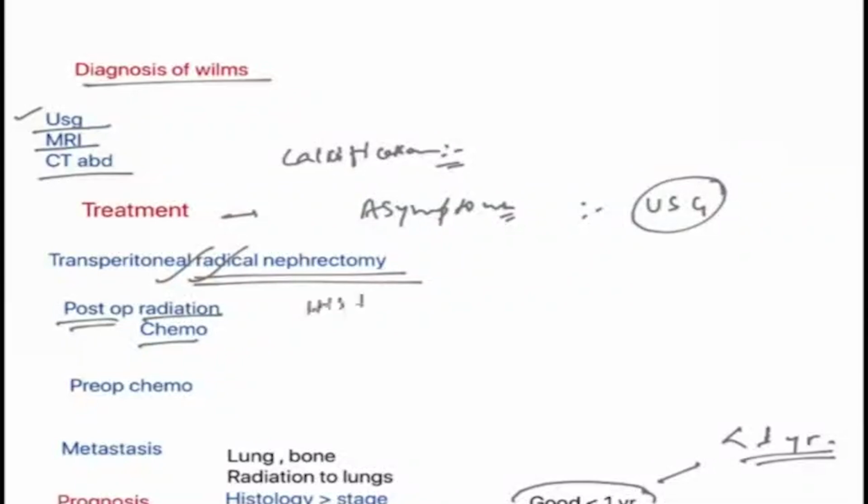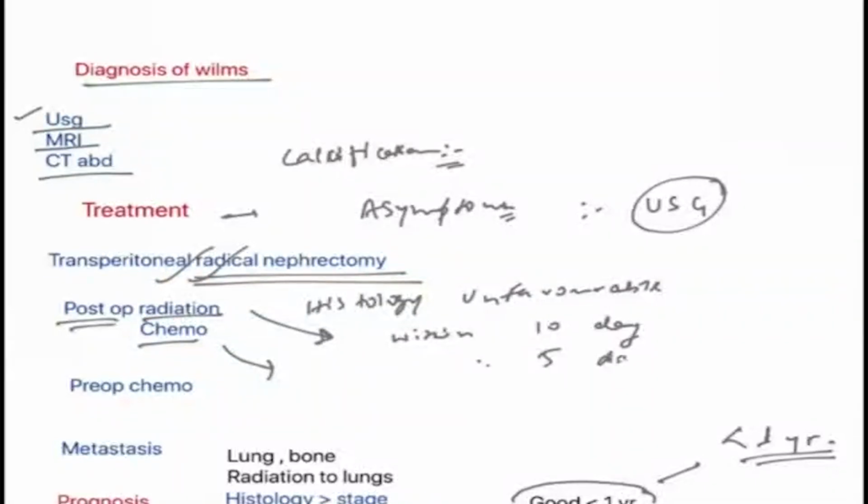After nephrectomy, post-operative radiation and chemotherapy is given when the histology is unfavorable. And the post-op radiation should be started within 10 days of surgery, and post-op chemo should be started within 5 days of surgery.